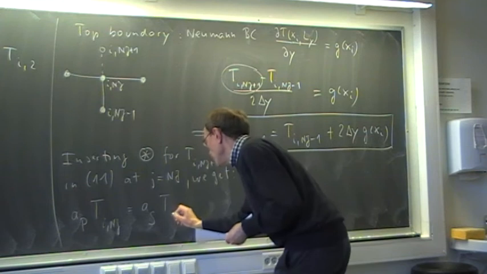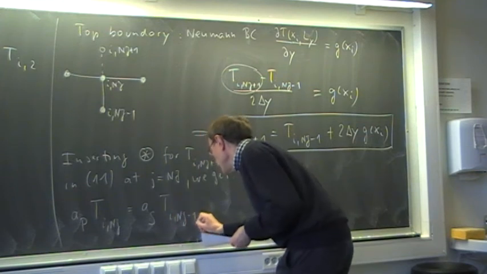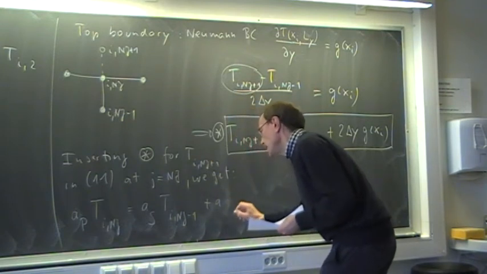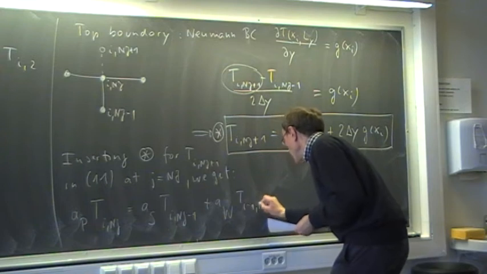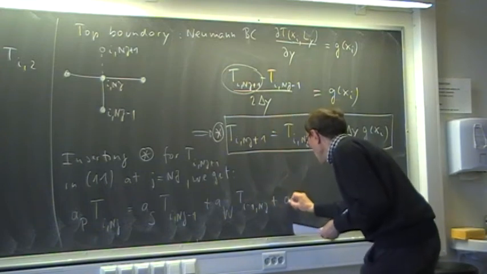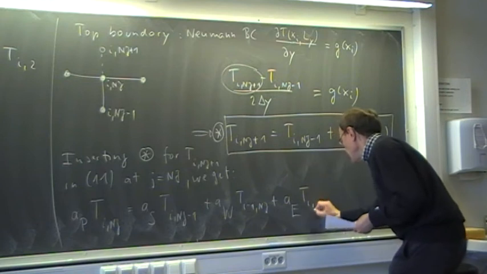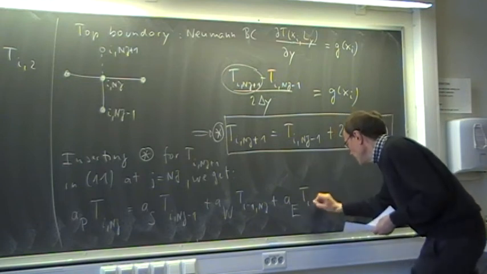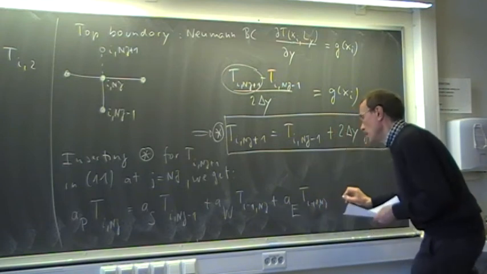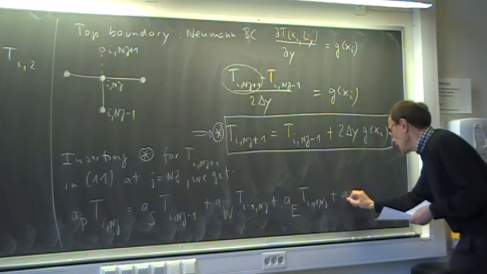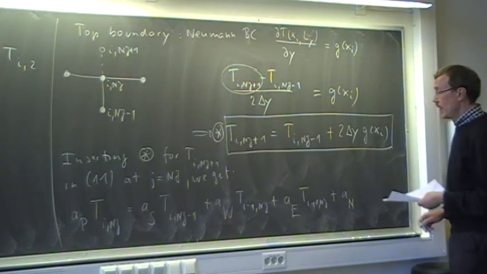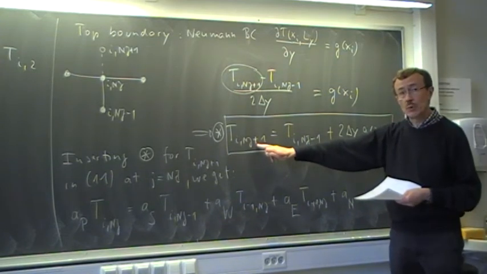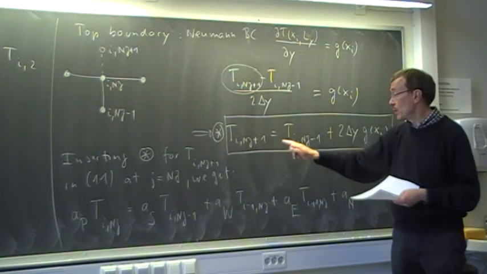Now that is no problem: that is the aS T i,nj-1 plus the aW T i-1,nj plus the aE T i+1,nj plus the aN. And here comes the thing. Here we would have the T i,nj+1, right? But we insert this.